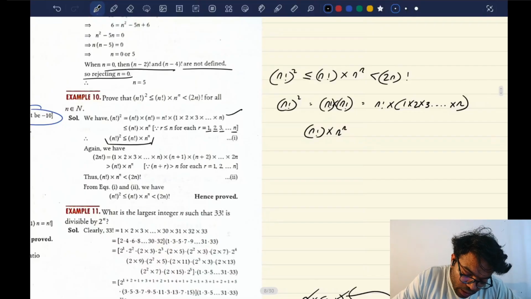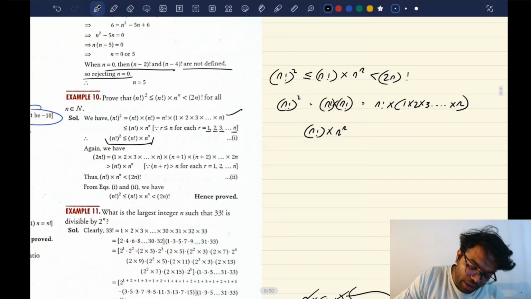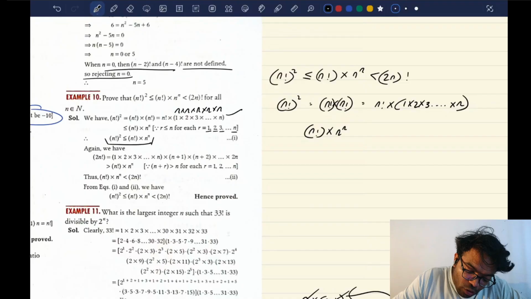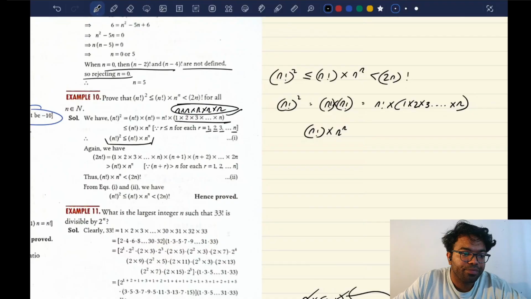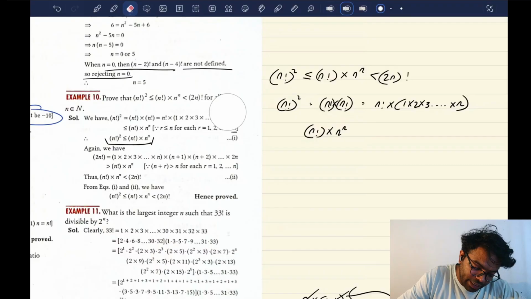So n factorial into 1 into 2 into 3 up to n has to be less than n to the power of n, right? Because when you have n to the power of n, what do you get? N into n into n into n. So basically instead of 1 you have n, instead of 2 you have n, instead of 3 you have n. So this is smaller than this number. Okay, yeah, so this is smaller, that's why the LHS is correct.